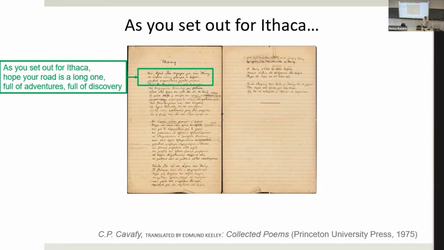This poem, Ithaka, begins with, as you set out for Ithaca, hope your road is a long one, full of adventures and full of discovery. And I think this reflects quite much the idea that at least I have of research.